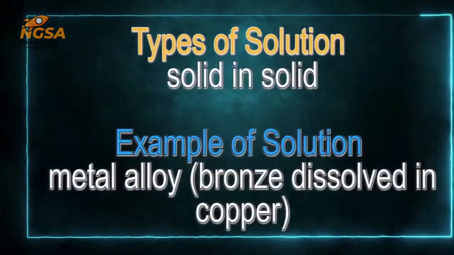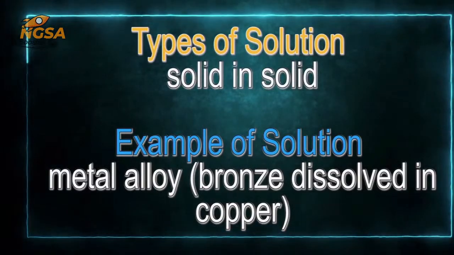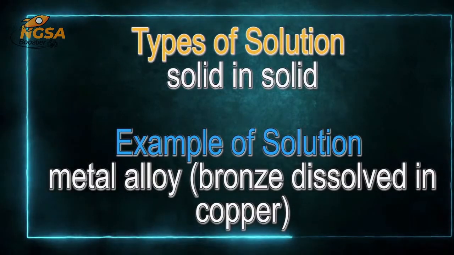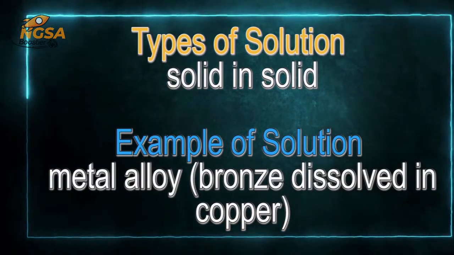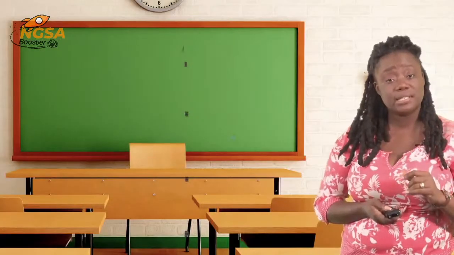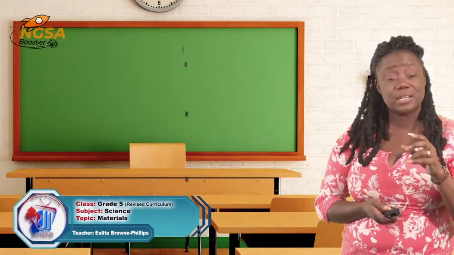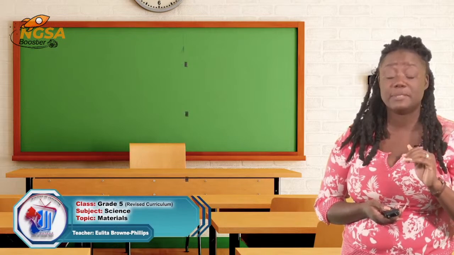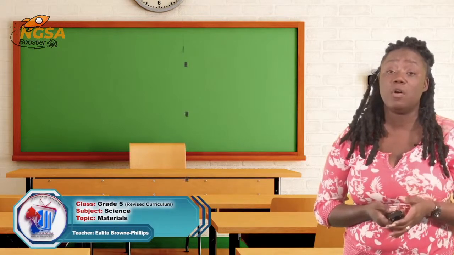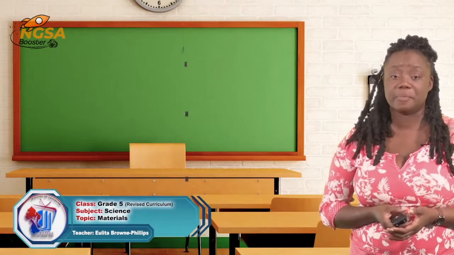Solid in solid, metal alloy. Bronze dissolved in copper would result in metal alloy. So boys and girls, you see that water is not the only solvent. Some substances dissolve in other substances.